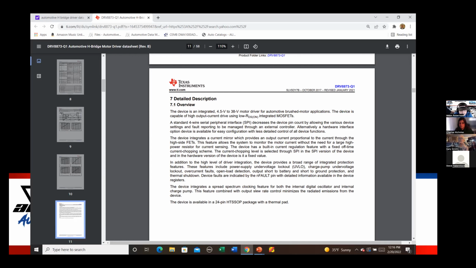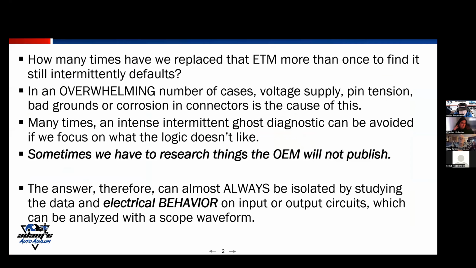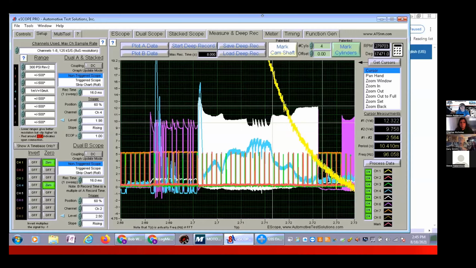How many times, as I asked in the very first opening, have we replaced that throttle motor only to find it come back in on the hook defaulted? And yet, when we get it off the hook, guys, what happens almost every single time with throttle motors? We go out to the vehicle, we key it up, it comes alive and drives right into the shop with no problems, okay? This is important.